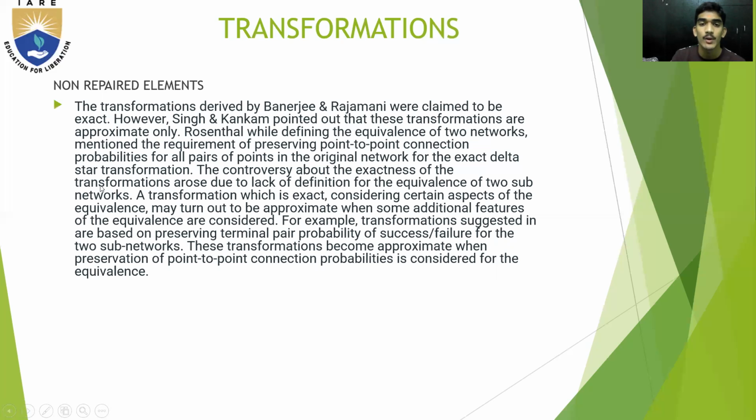The controversy about the exactness of the transformations arose due to lack of definition for the equivalence of two subnetworks. A transformation which is exact considering certain aspects of the equivalence may turn out to be approximate when some additional features of the equivalence are considered.